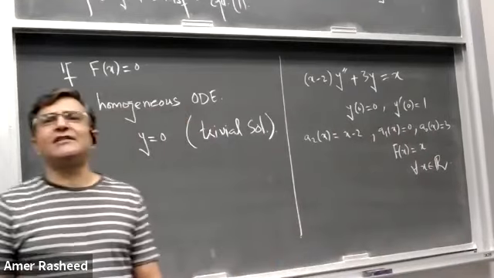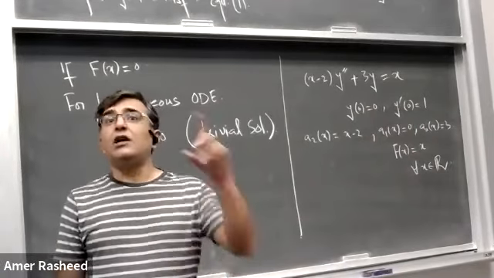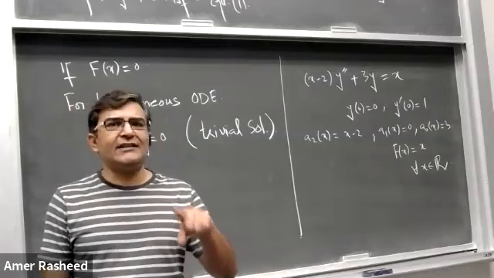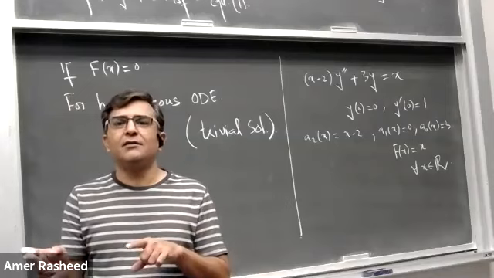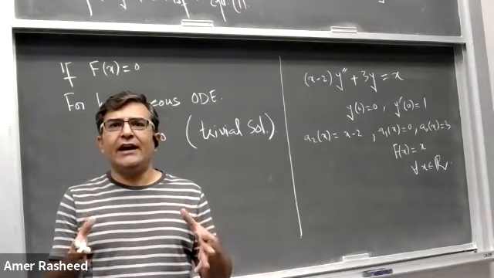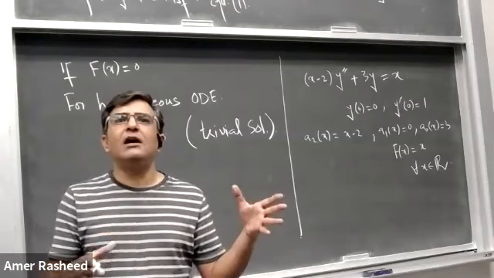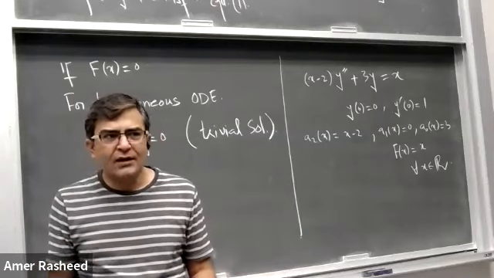Can you check whether this problem has a unique solution or not on R? If it doesn't have a unique solution on R, then can we take any subinterval of R on which this problem has a unique solution?